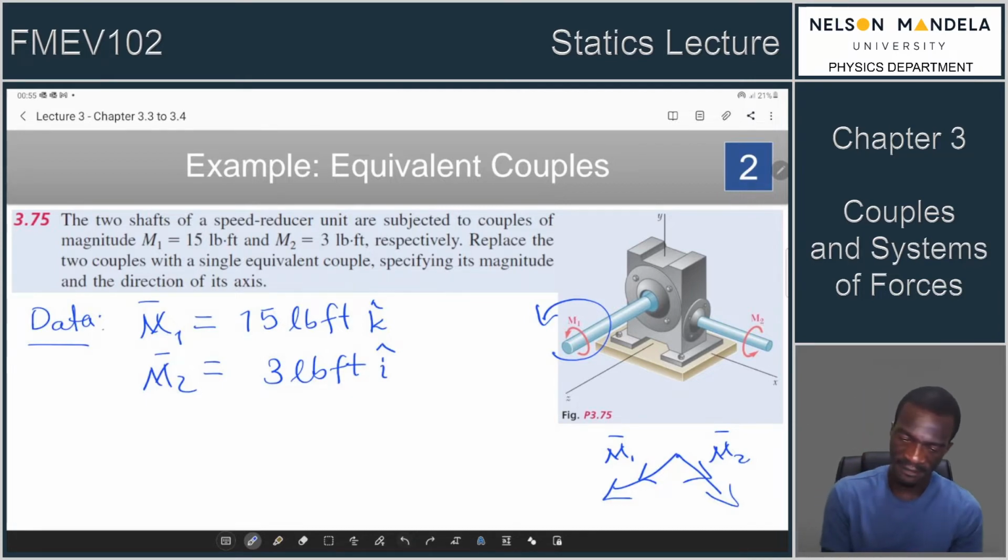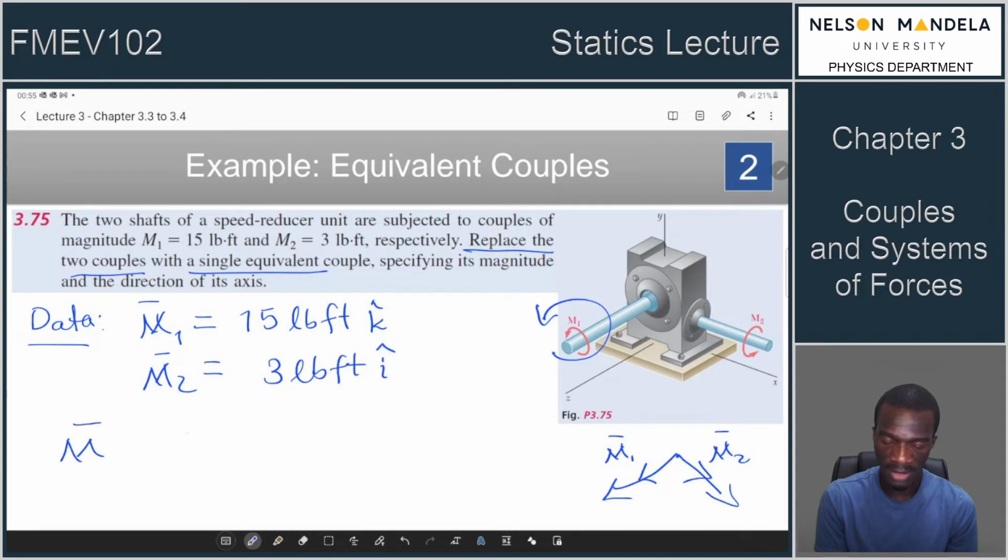So now we have those two moments. So how do we find the what? We want to replace the two couples with a single equivalent couple. If you want to replace the two couples, then it simply means that our new couple, which is the single equivalent couple, is simply supposed to be the first couple plus the second couple.